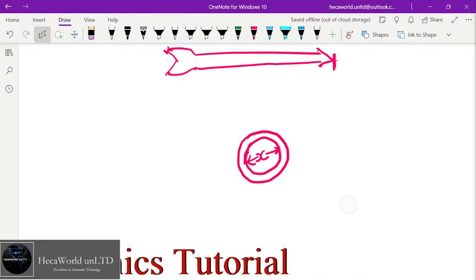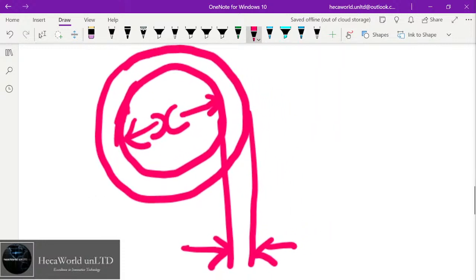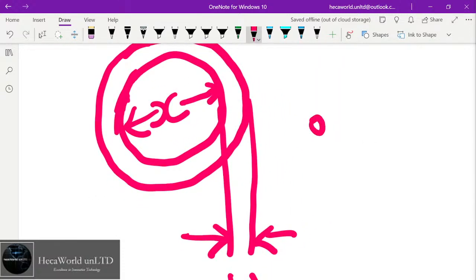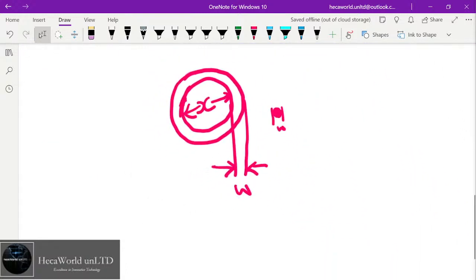That means the wire has a certain width. This is the width of the wire. If you take the cross-section of the wire, the width of this wire is what we're calling W. If you want to know the width of this coil, then this must be a single-layer coil, which means no wire goes above another.